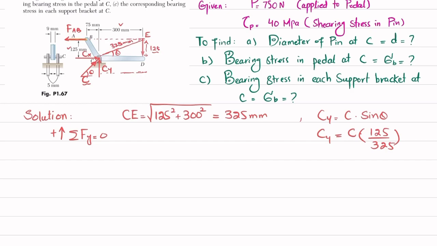Clear? So the sum of all forces along y direction must be equal to 0. So minus P plus Cy is equal to 0.